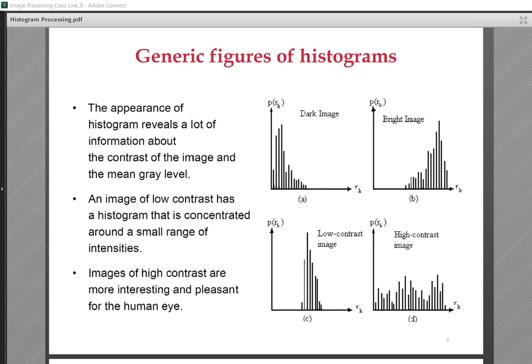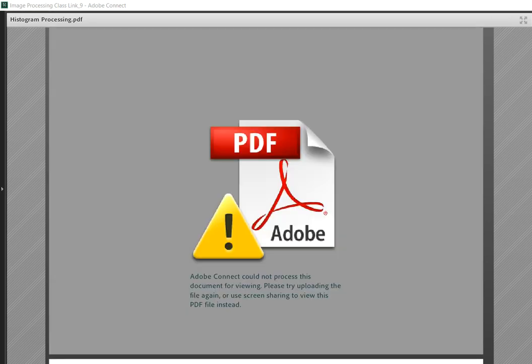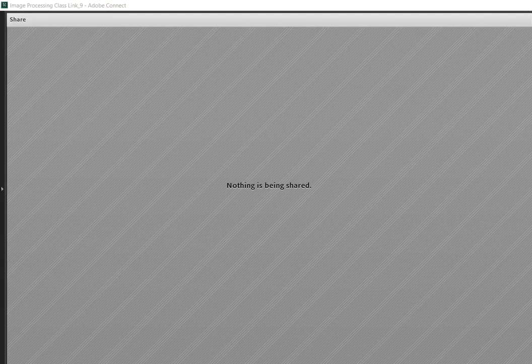I stop share and share my screen for only this page, and again I go back to this document. Share. Okay, I share my screen.